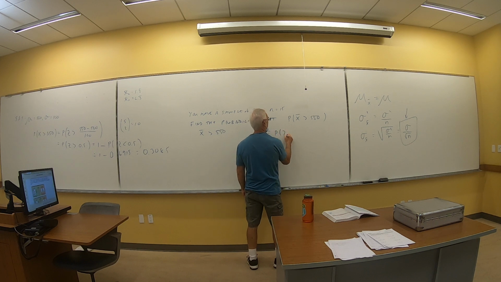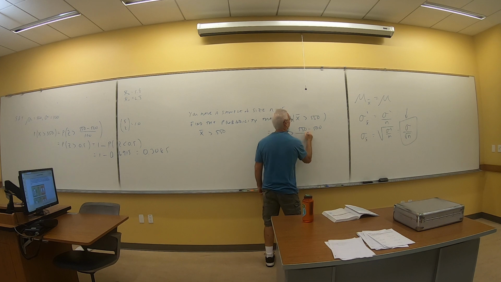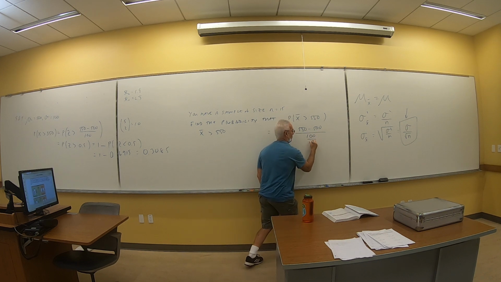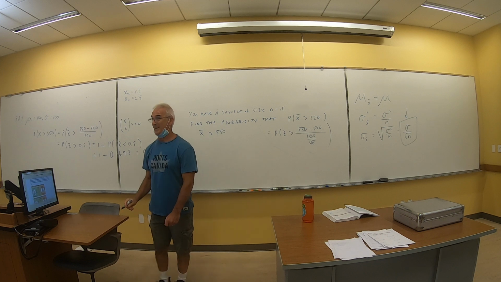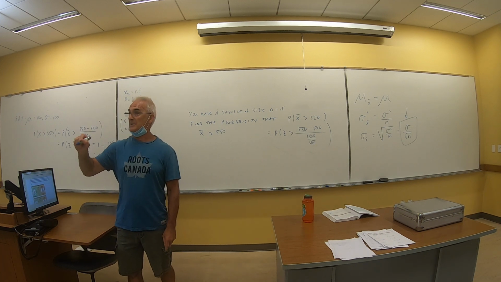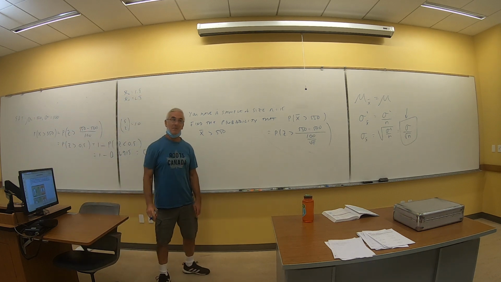This will be the probability that z is bigger than 550 minus 500, just like before, over 100 over the square root of 15. So from now on, this is pretty much the way we calculate the z-score. Because you're not going to be dealing with individuals in general, you're going to be dealing with entire samples. That makes a lot more sense.